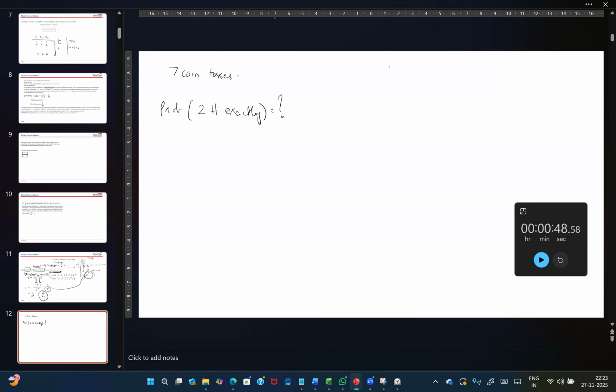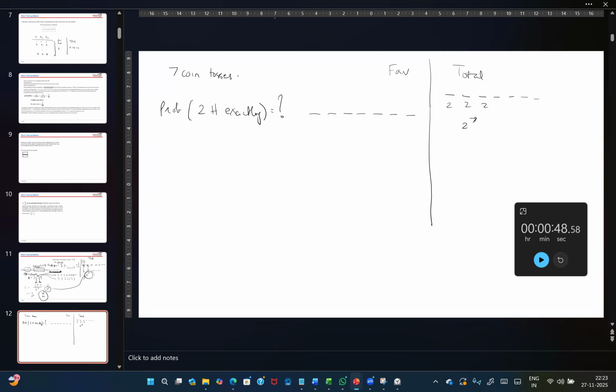So one is favorable outcomes, the numerator, and the denominator is total, right? What is the total? 2 into 2 into 2, 2 to the power 7. 2 raised to 7. Probability of exactly 2 heads. There can't be only one such case, because there could be no more than 2 or less than 2.